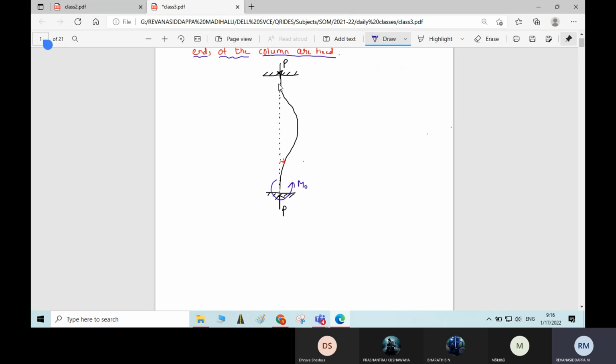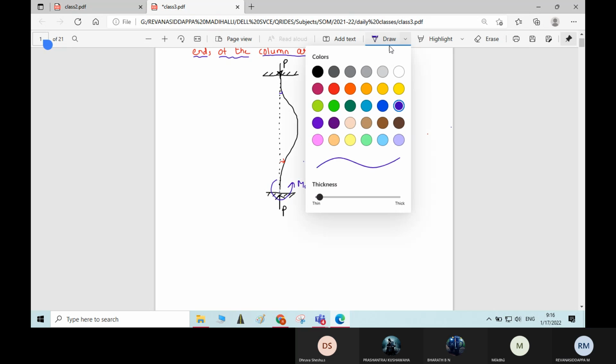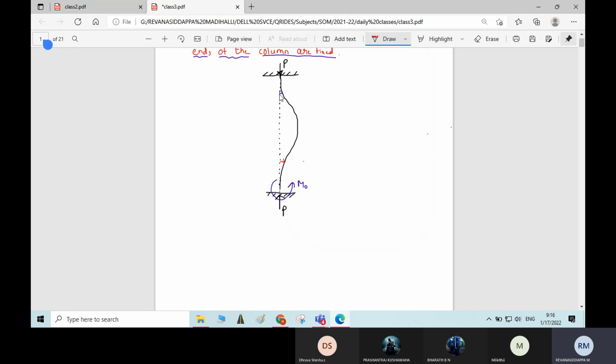Similarly, if you take the top support, how is the column deflected? It is deflected in anti-clockwise direction. So the reactive moment induced will be in opposite direction. It will be clockwise direction.